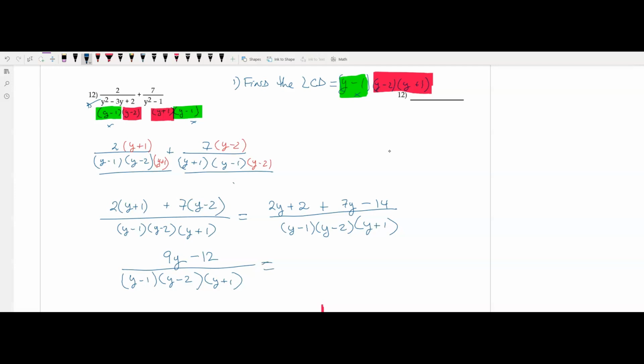You can write it as this, and then you factor out the 3 and get 3 times (3y minus 4) over y minus 1, y minus 2, and then y plus 1. Okay? Nothing's going to happen here. Nothing's going to simplify itself. So you can leave it as this if you want, or you can use this.